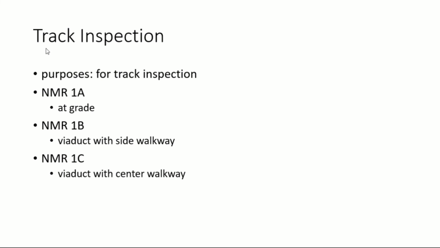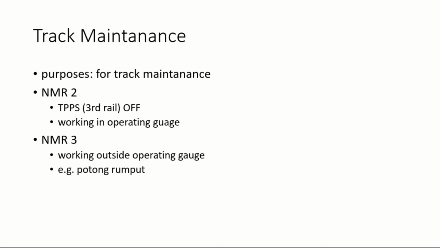So it depends on, this is basically for the track inspection at grid or sidewalk or the center walk. And then they have the NMR2 and NMR3 for track maintenance purposes.